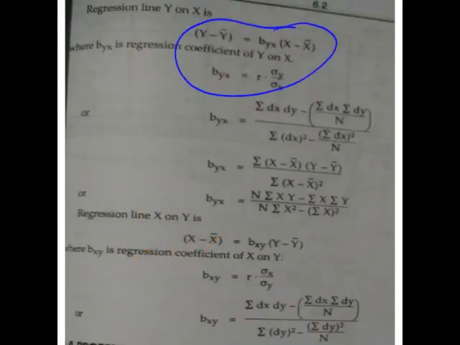Now next part, b x y, the x on y. Now that we have found y on x, the second part is x on y. For that a similar kind of formula is there. Same formula, only here it is d x square, here it will be d y square, divided by n.